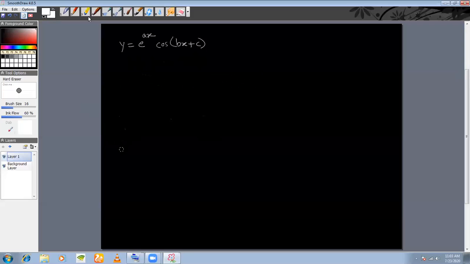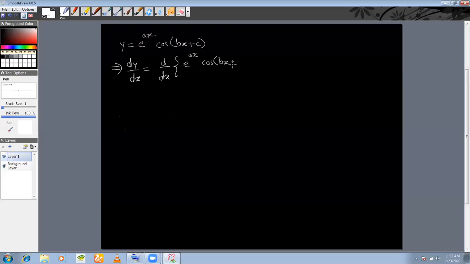Okay, so first we use the u into v rule. That means dy dx is d/dx of e to the power of ax times cos bx plus c, first into the second.